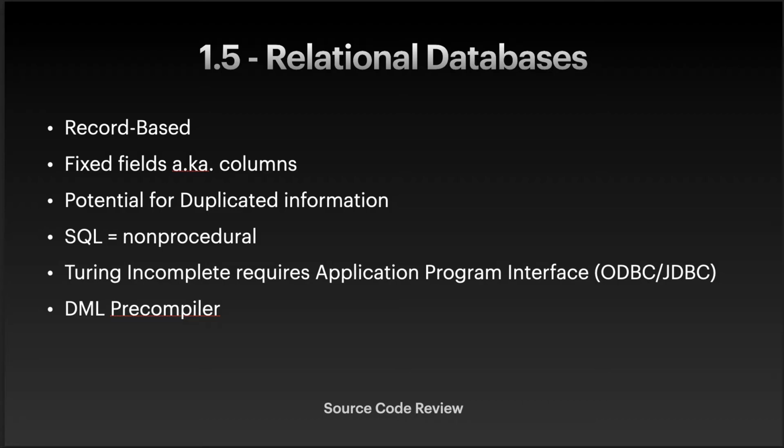Now, in a relational database, a disadvantage is you have the potential for duplicated information. You could have information stored in two different tables, and it essentially doesn't need to be there. To give an example of this, let's say you have everyone in one particular table.